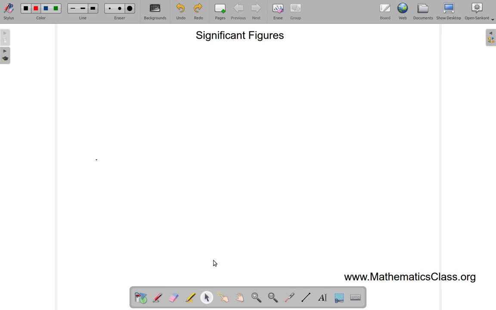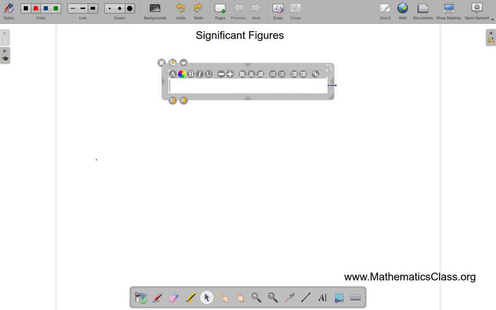let us look at an example of a number and see what this thing about significant figures is all about. Alright? Suppose we say, not just any number.